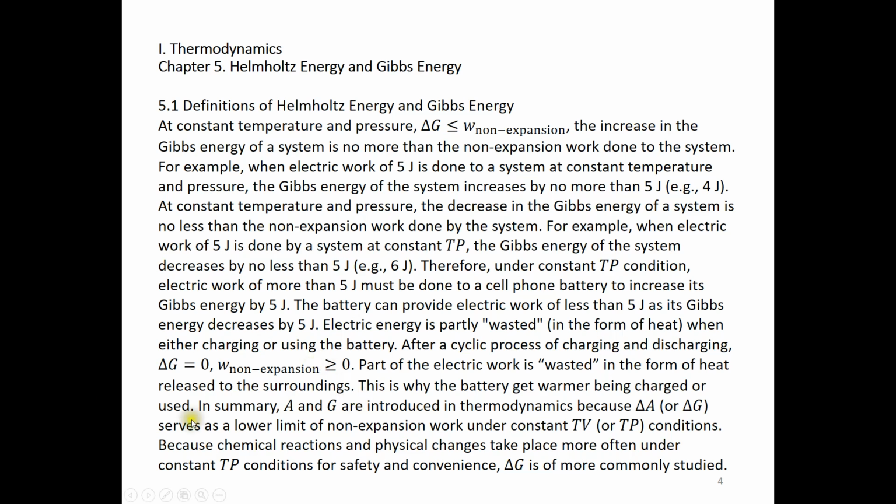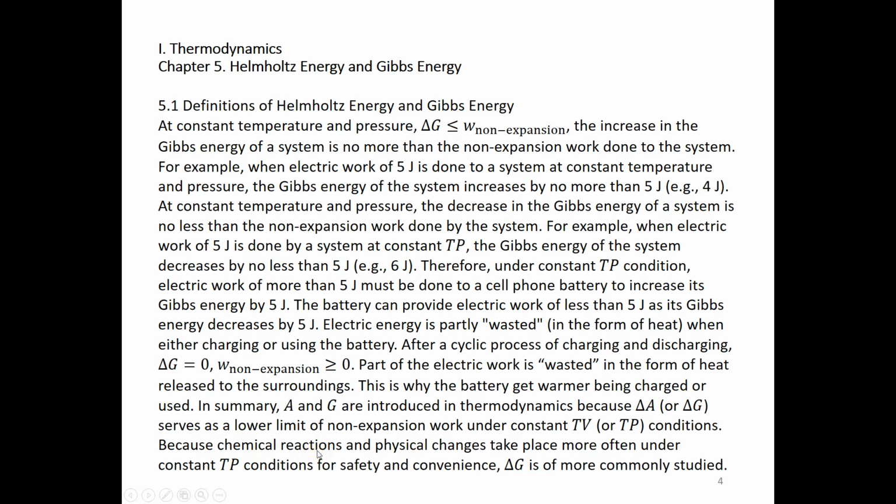Again, in an irreversible process, part of the electric work is wasted in the form of heat that's released to the surroundings, and that's why the battery gets warmer whether you're charging it or using it. In summary, A and G are introduced in thermodynamics because delta A or delta G can serve as the lower limit for non-expansion work, such as electric work, under constant TV or constant TP conditions.